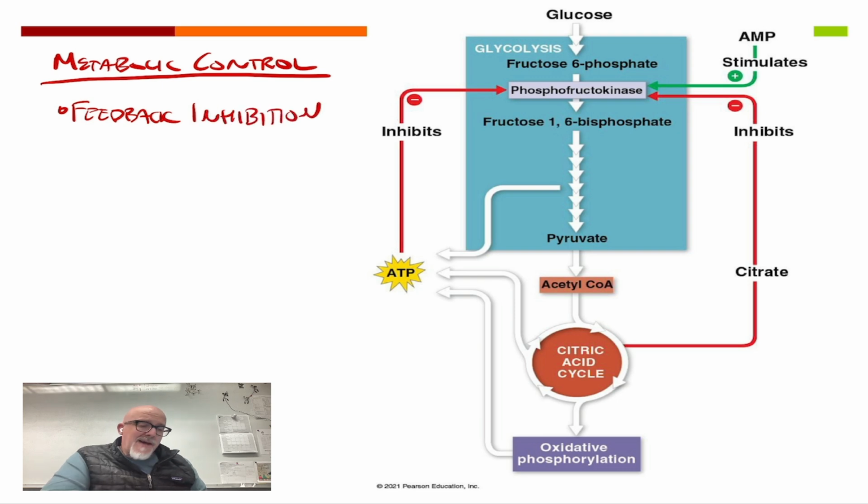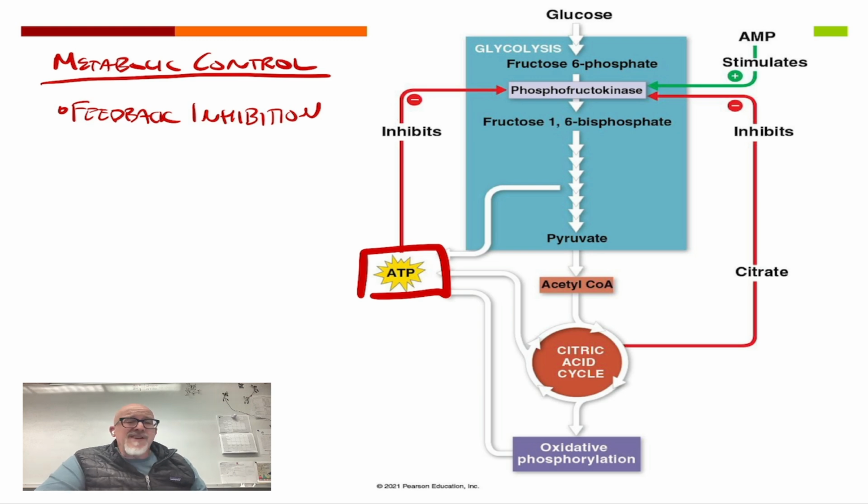So what happens, and this is really simple, in a feedback inhibition, the end product of the anabolic reaction, which is ATP, inhibits the enzymes that control the breaking down of glucose.